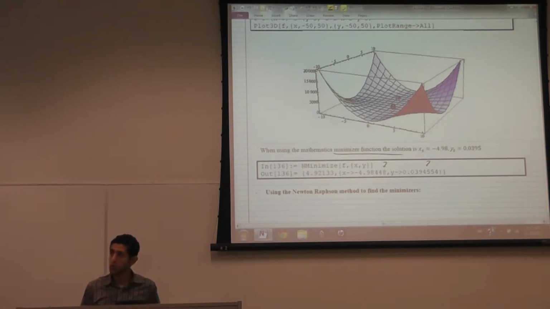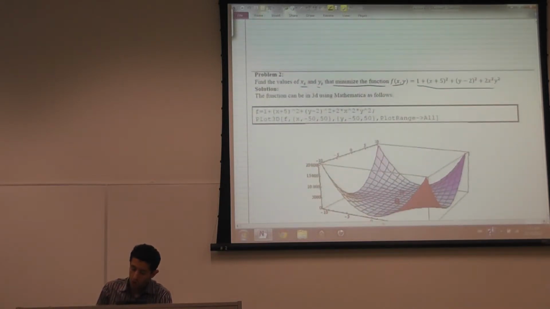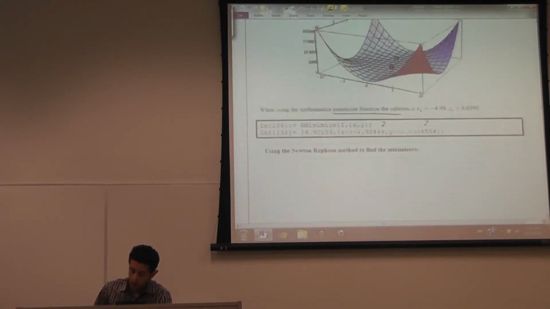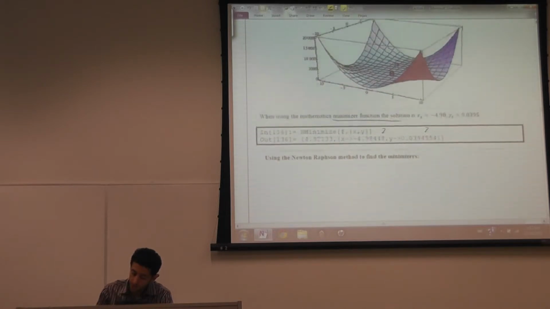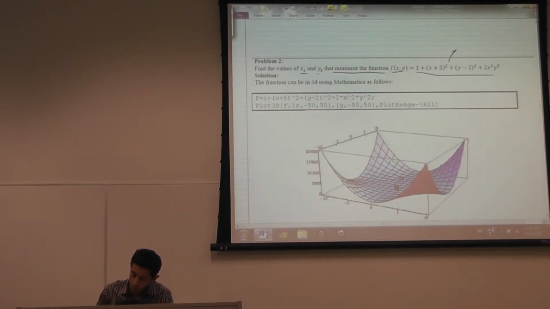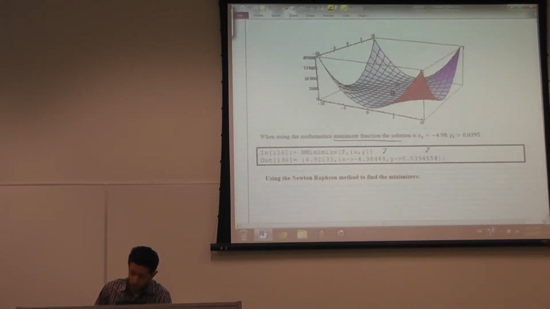But what structural mechanics problems do to minimize this function is calculate the derivatives. This is the energy, and the equilibrium equations are the first derivatives of this energy function.